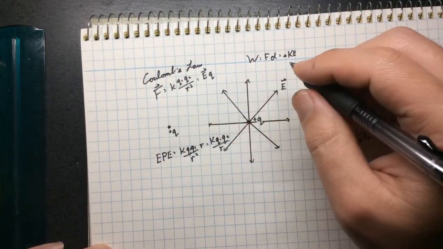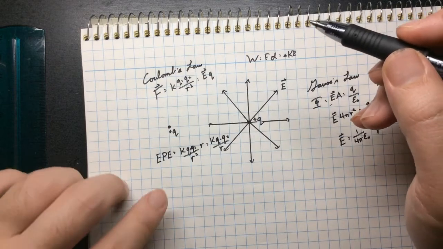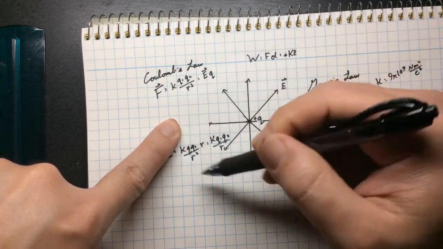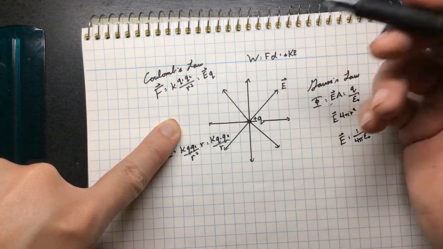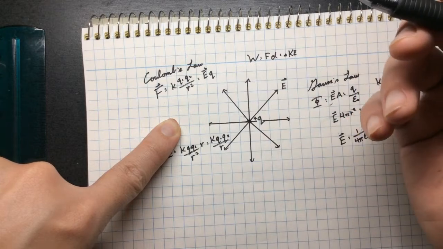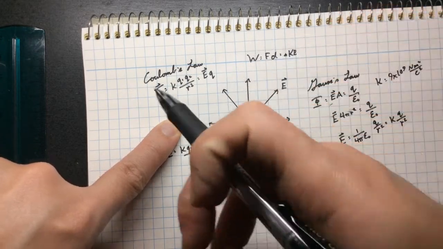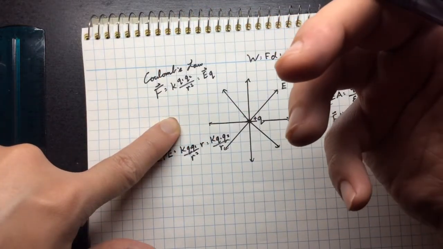Okay, so that kind of begs the question: if this charge wasn't here, there should be this potential that's around it, kind of like the Earth, right? The Earth has this gravitational field, and although nothing could be in it, it's still there. And we know that if we place something in it, that something is going to want to fall down. It's going to want to be pulled towards the Earth.